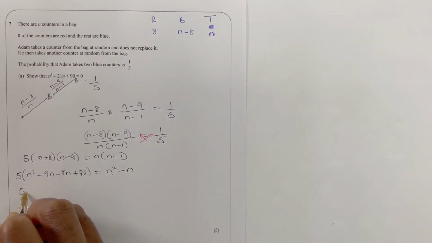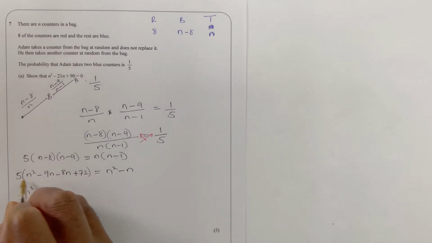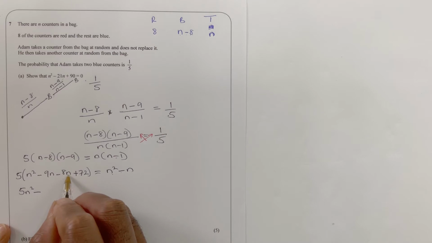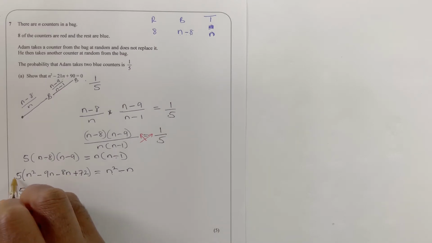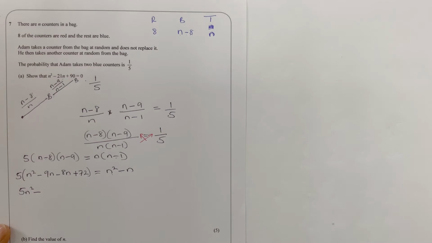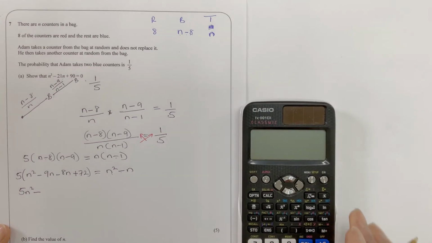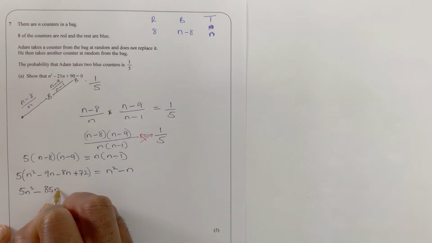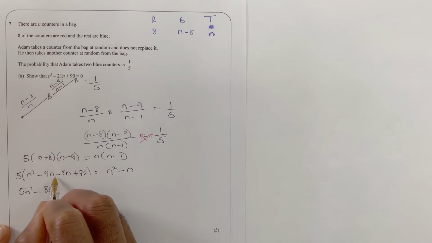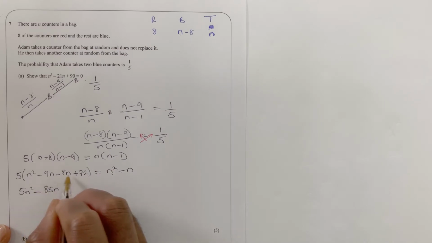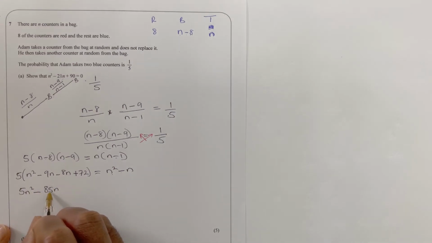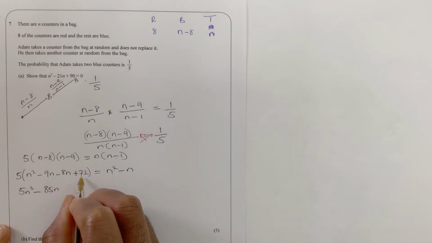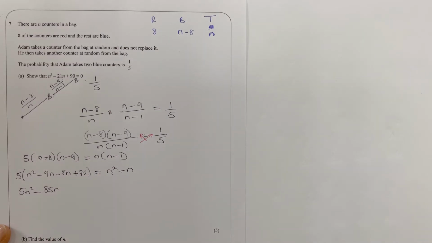So you're going to get 5n squared minus 85n, because minus 9 plus minus 8 is minus 17n, and times 5 is minus 85n. 5 times 72 is 360.